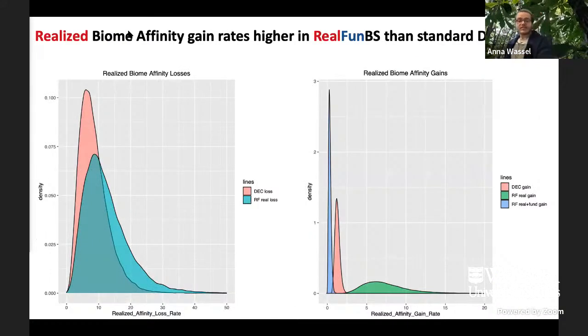But anyways, not only are we able to show cool patterns of ancestral state reconstructions, we're able to show, by estimating the rates of change between different biomes, that we're just getting different processes here. So I'll try to work through the legend here for you. I'm just showing the gains and losses of realized biome affinities, simply because that's what we can compare between the standard models and our own.